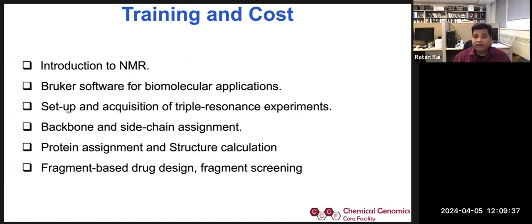I also teach them how to set up various 1D, 2D, and 3D NMR experiments for their analysis, through which we can assign their backbone and sidechain resonances, and at the end they can calculate their own structure. And once the structure is known, I can also teach them how to do fragment-based drug design or fragment screening.